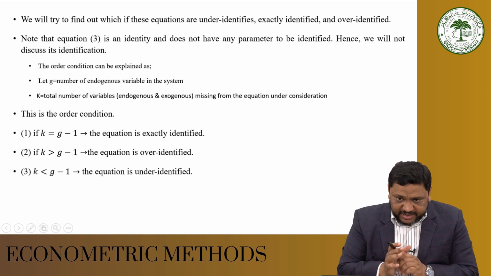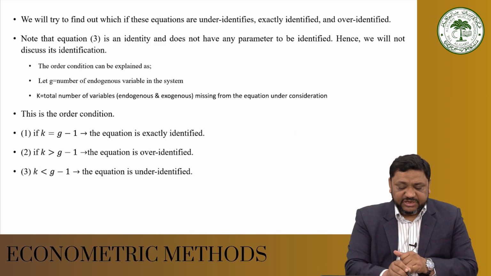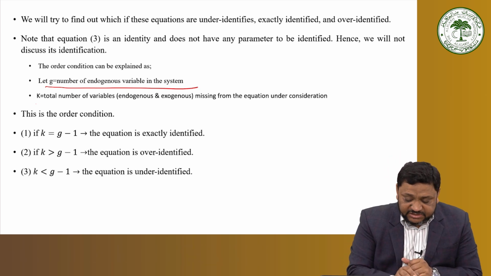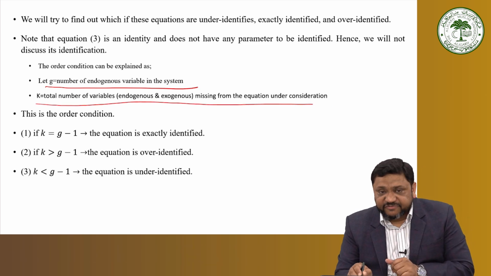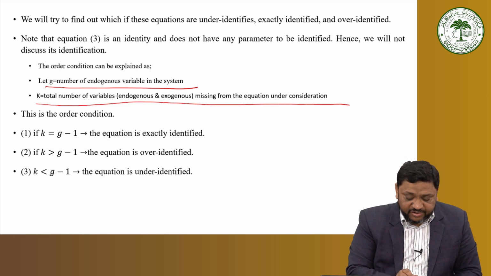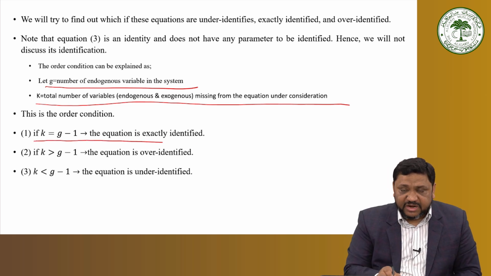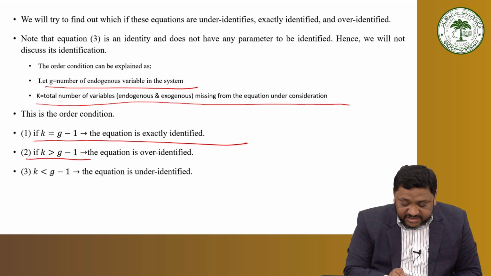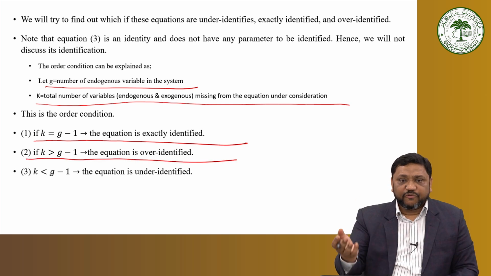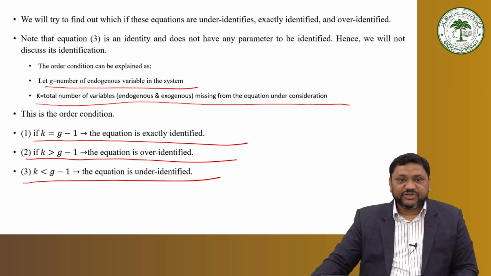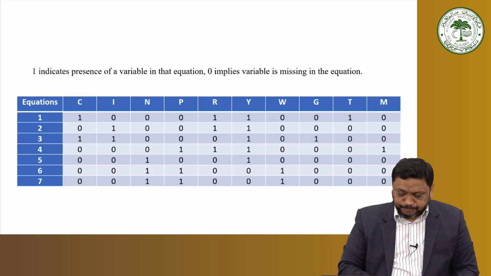So the order condition can be explained as: G is the number of endogenous variables in the system and K is the total number of variables missing from the equation under consideration. If K is equal to G minus 1, the equation is exactly identified. If K is greater than G minus 1, the equation is over identified. If K is less than G minus 1, the equation is under identified.